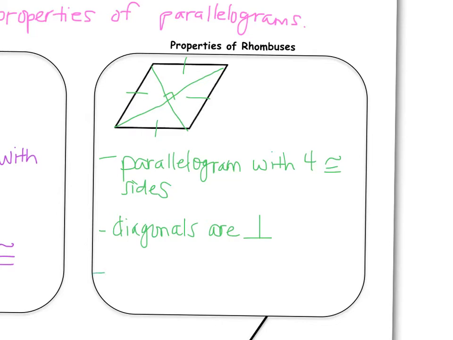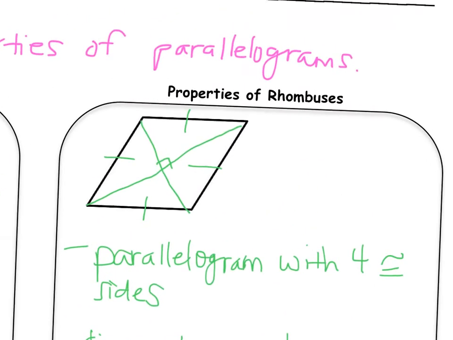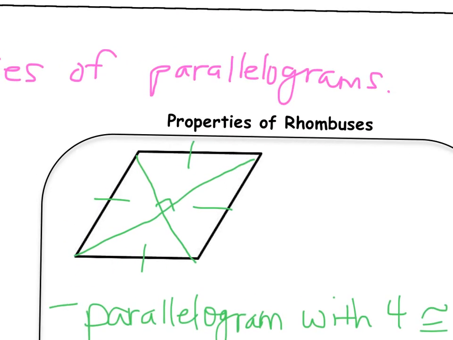And then finally, the diagonals bisect the opposite angles. So what that means is if we zoom in here, we already have the diagonals drawn in.